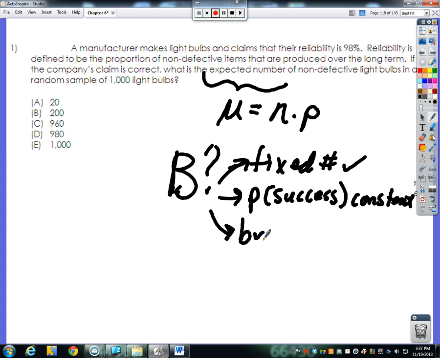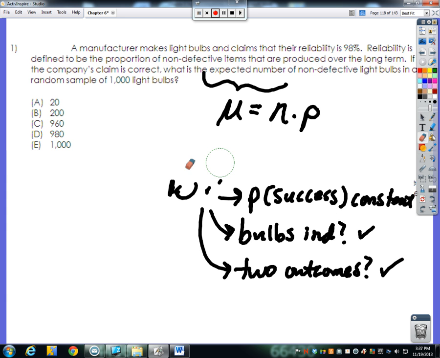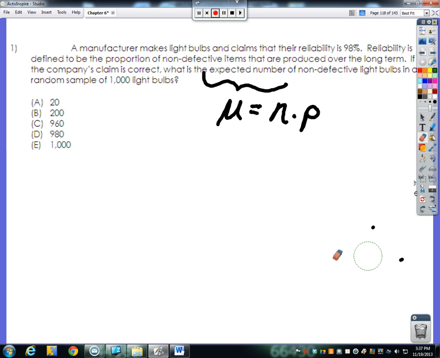Are bulbs independent? And we're going to assume that they are. And last but not least, two outcomes. Well, they're either going to be defective or non-defective. So yes, there are two outcomes. So this is in fact a binomial distribution, so we may use the n times p formula.